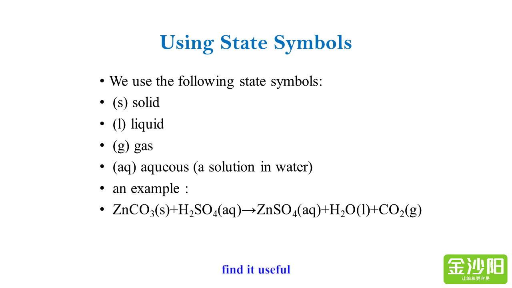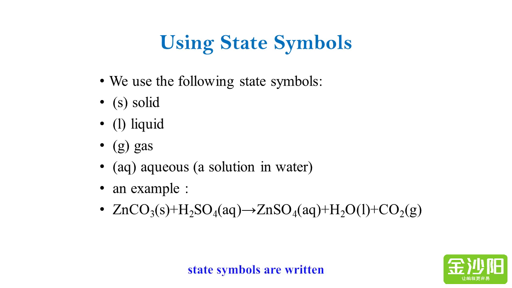We sometimes find it useful to specify the physical states of the reactants and products in a chemical reaction. This is especially important where chemical equilibrium and rates of reaction are being discussed. We use the following state symbols: S stands for solid, L stands for liquid, G stands for gas, and AQ stands for aqueous, or a solution in water.